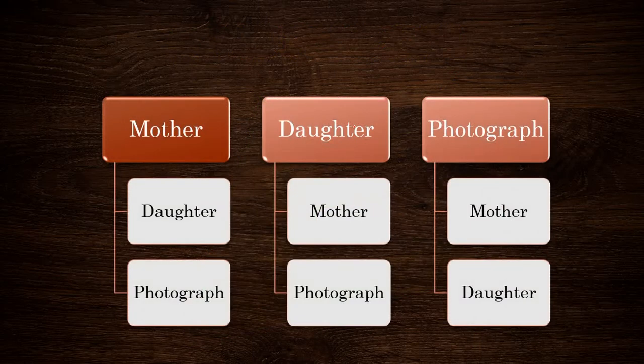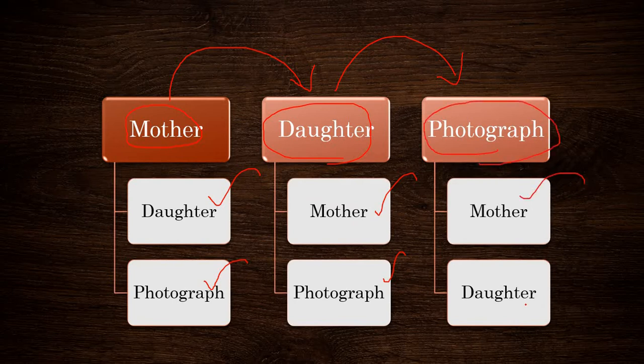When you're talking about the mother in one kind of question, or about her feelings, you have to interlink the daughter and the photograph, because the same applies for the daughter. When you're talking about the daughter, think about the mother and the photograph. When you're talking about the photograph, think about the mother and the daughter. It's not complicated children, don't get confused.